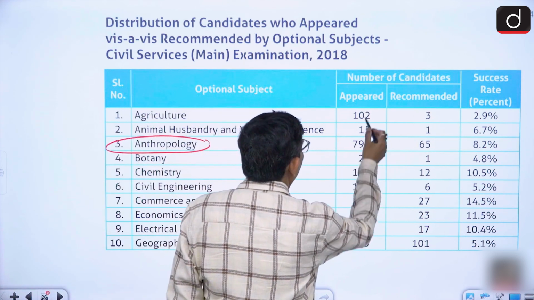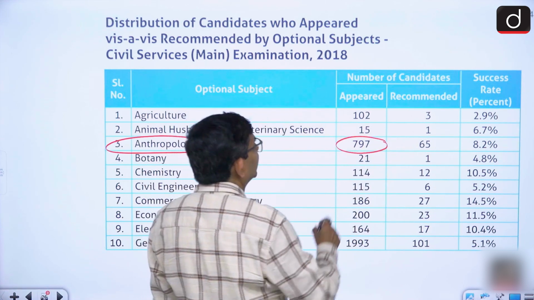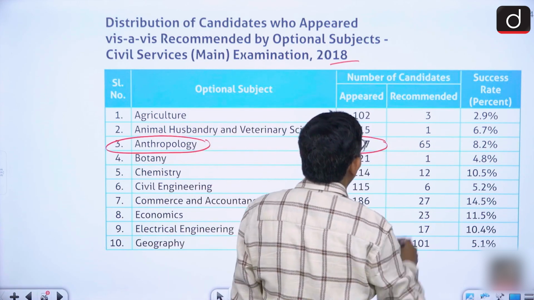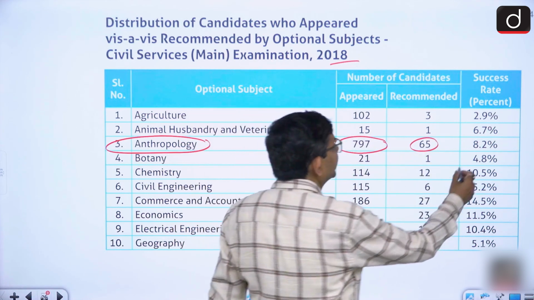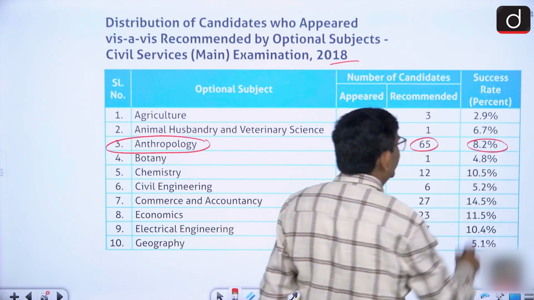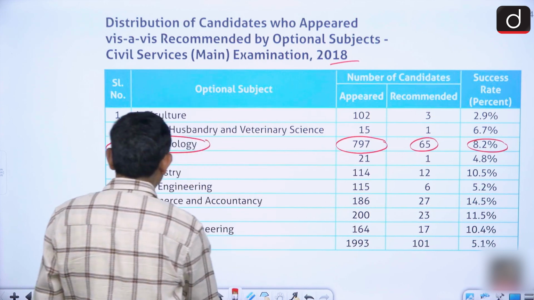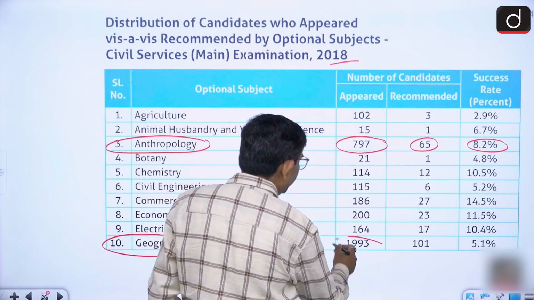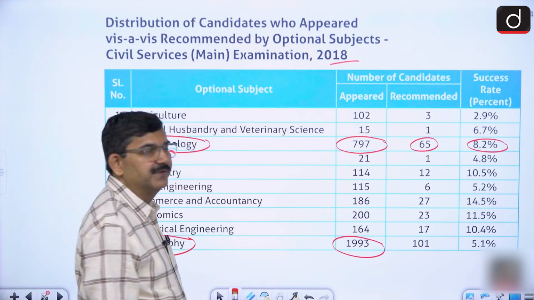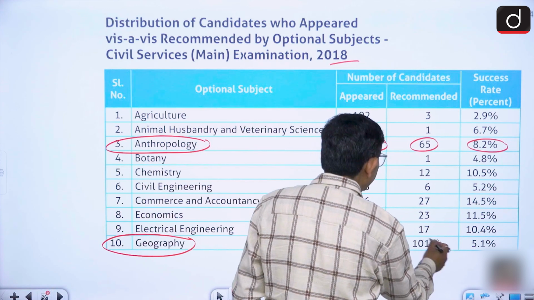and the number of candidates appeared was 797 in 2018, and selected ones were 65. Ultimately, the success rate is 8.2%. Well, next one is geography. I think it had the highest number of candidates who appeared with the subject, and the total number of recommended candidates were 101.